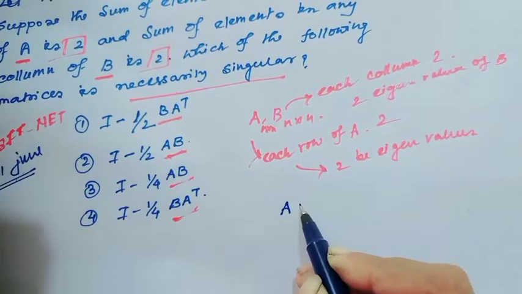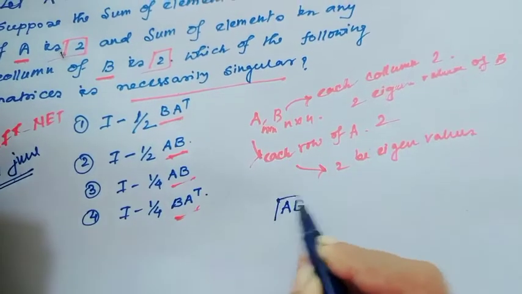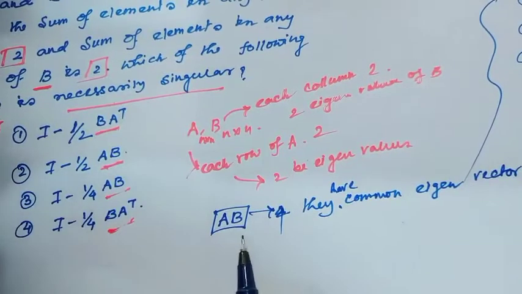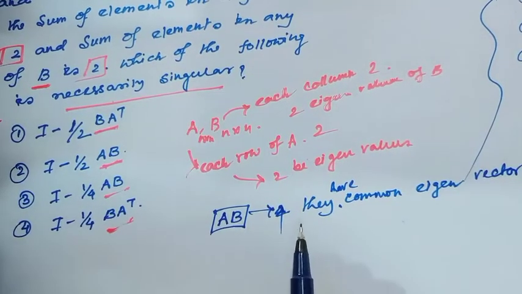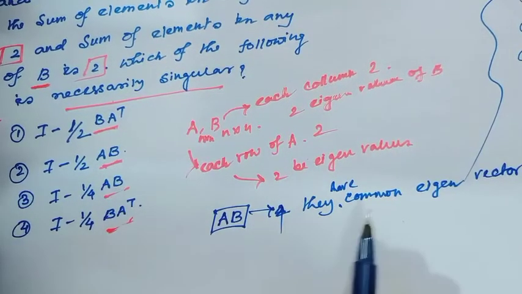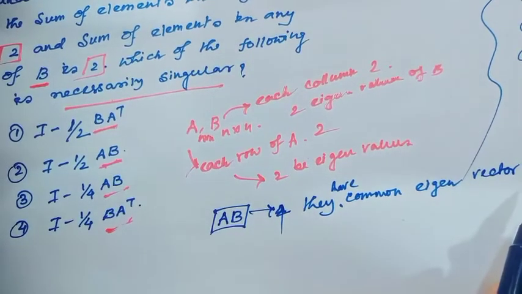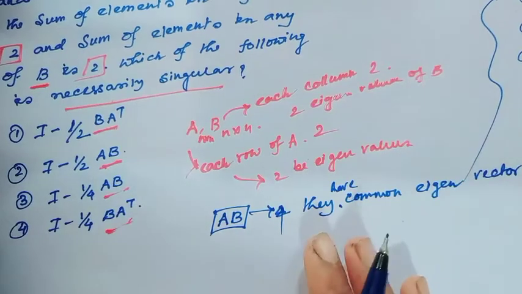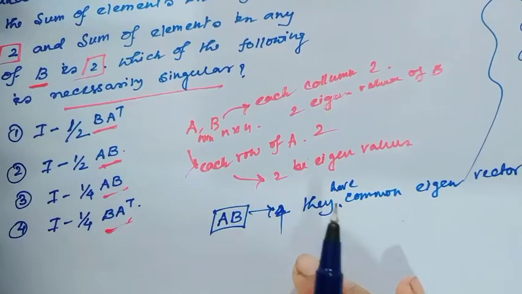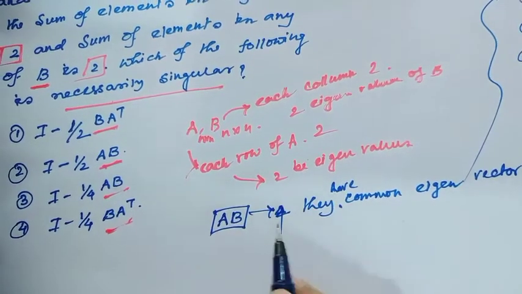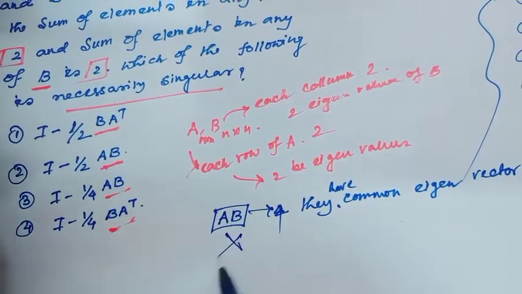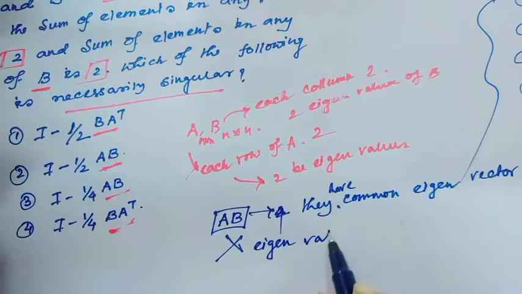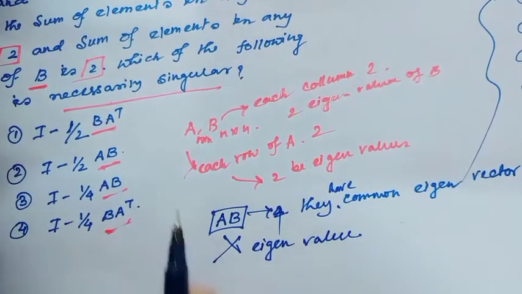A and B each have at least one eigenvalue 2. But we cannot tell about the eigenvalue of the matrix AB. The product AB has eigenvalue 4 when they have a common eigenvector. But we don't know about the eigenvectors of the matrices A and B. So we cannot tell about the eigenvalue of the matrix AB.